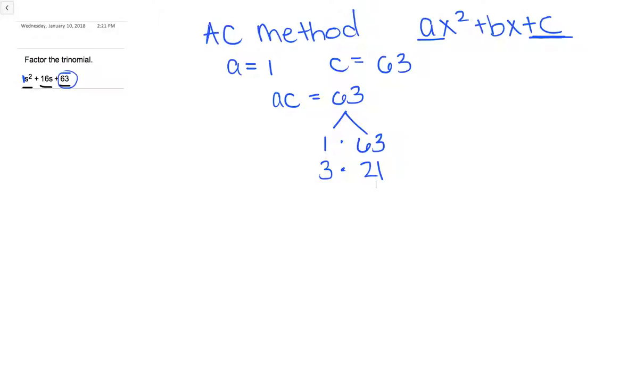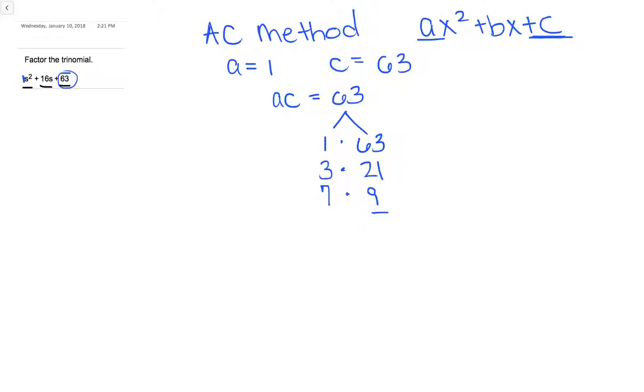And then 63 divided by 4 we can't do. 63 divided by 5 we can't do. But we can do 63 divided by 7. And then we can't do 63 divided by 8, so we're back to 9, which is here. So we know that we listed all the factors.